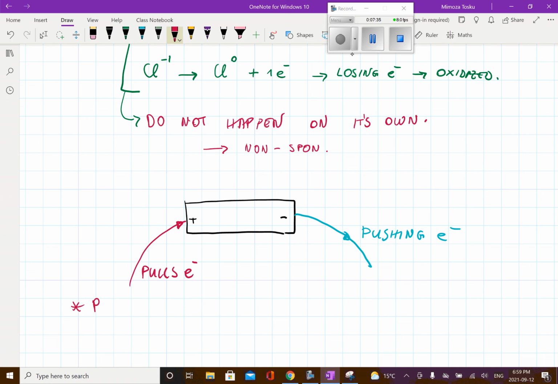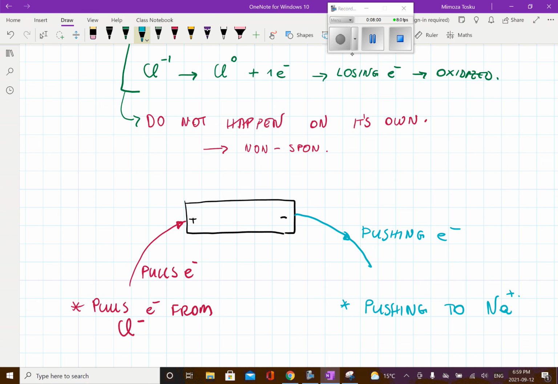It pulls electrons from chloride, and the negative pole pushes the electrons towards sodium plus, the sodium ion.